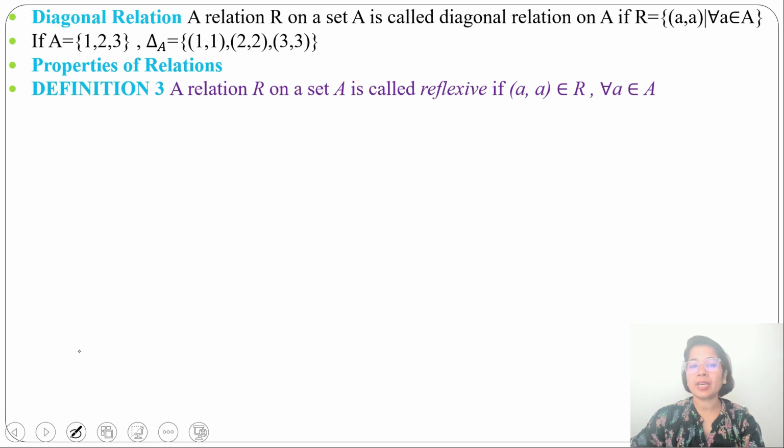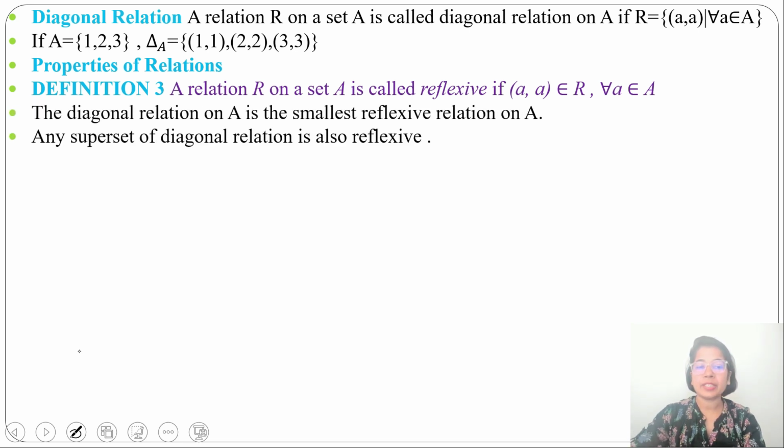And here the diagonal relation is the smallest reflexive relation, and any superset of the diagonal relation is also reflexive. It means it contains the diagonal relation plus any other ordered pair, and that will also be reflexive.